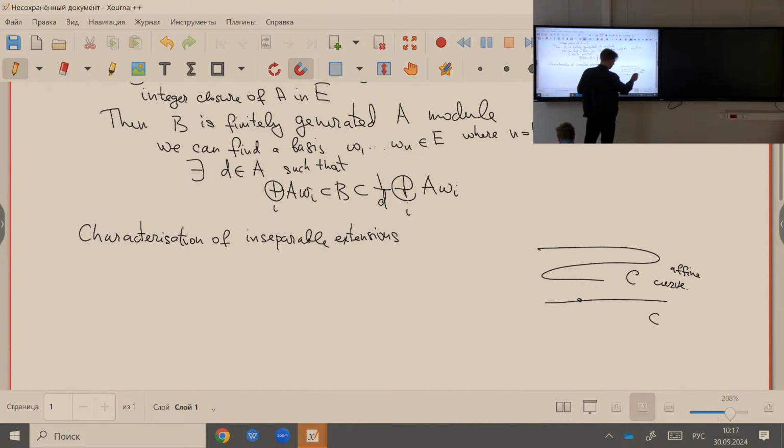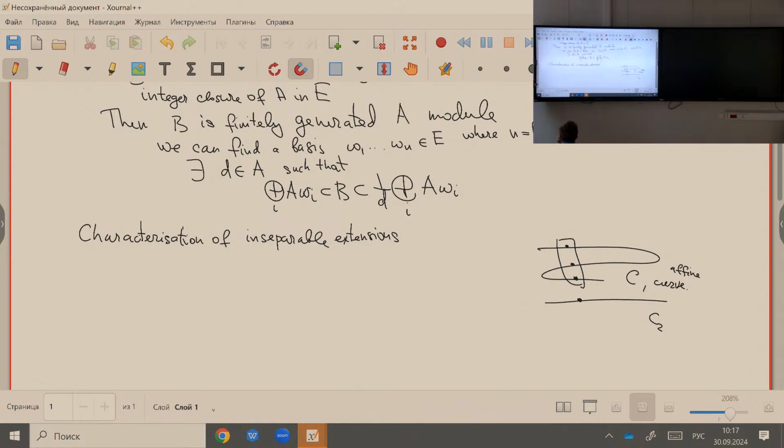Suppose you have maps between two curves; the theorem says how the preimages of a point on one curve behave on the other curve. This setting can be considered when a curve is defined over, for example, an algebraically non-closed field, and in this setting non-separable extensions, of course, can arise. That's why we take some time to speak about that.